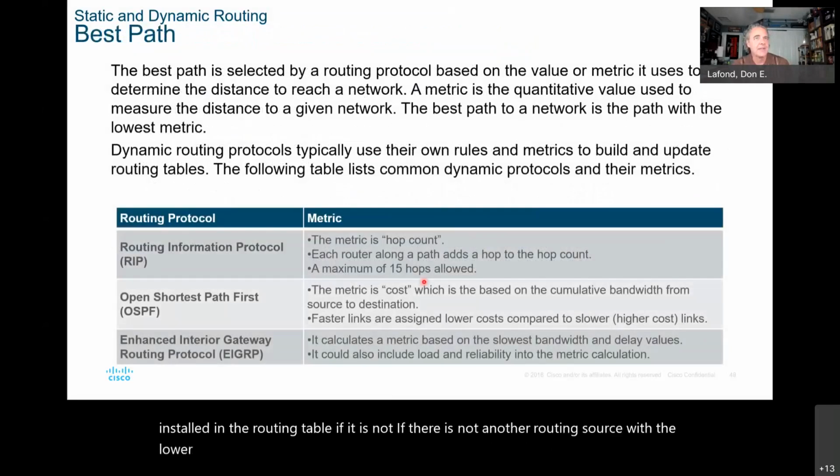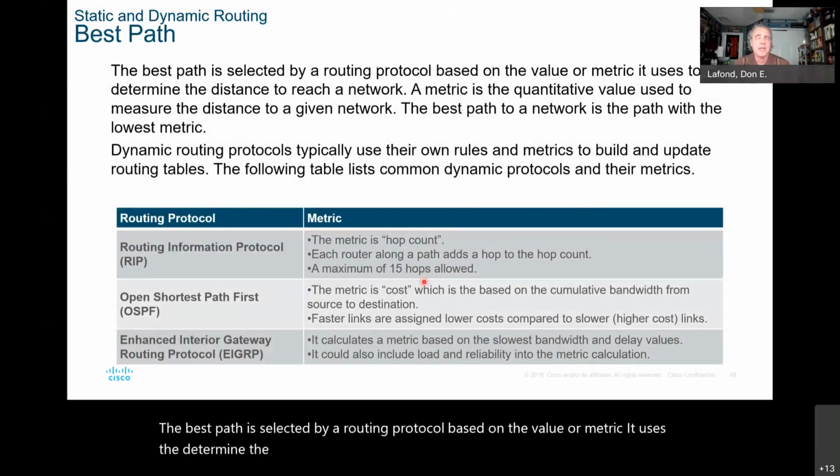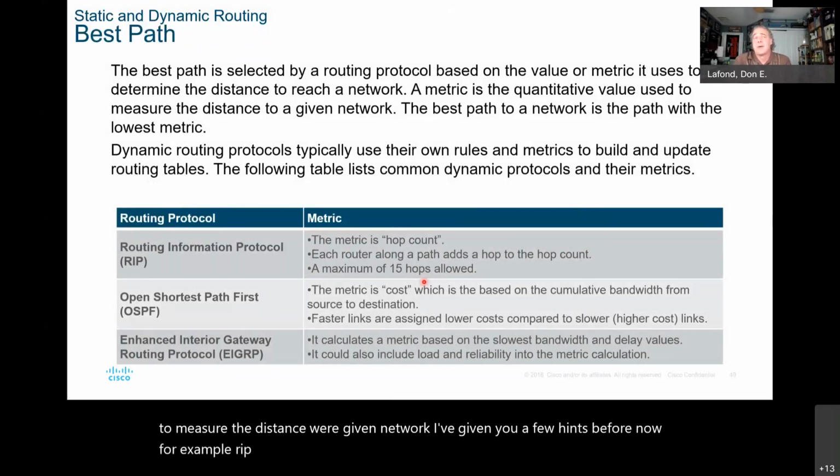The best path is selected by a routing protocol based on the value or metric it uses to determine the distance to reach the network. A metric is a quantitative value used to measure the distance to a given network. I've given you a few hints before now. For example, RIP is just the hop count, how many times it hops. The best path to a network is the path with the lowest metric.